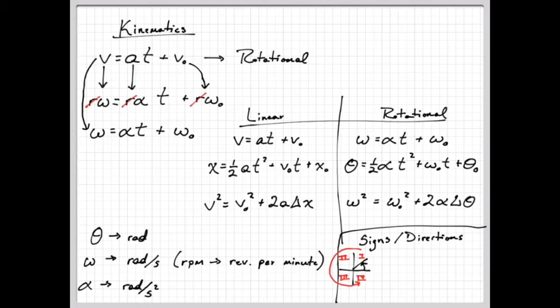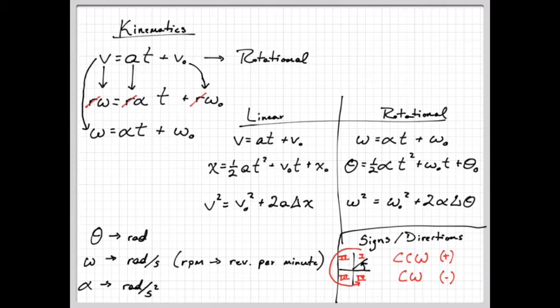So in fact, we consider counterclockwise as the positive direction and clockwise as the negative direction. So if one of these problems says it's rotating counterclockwise, you know that means positive. And if it says it's rotating clockwise, that means negative. Okay, so those are our signs and directions.